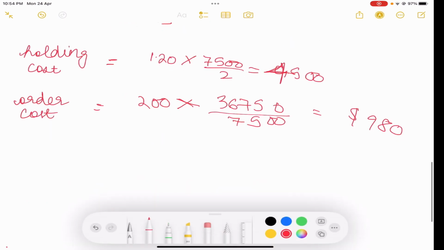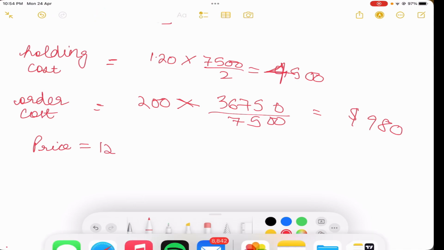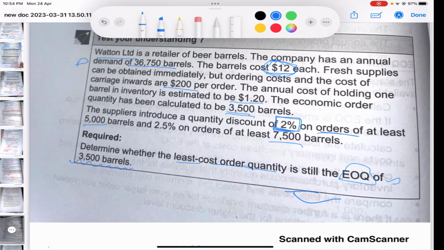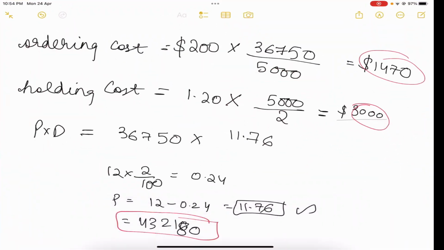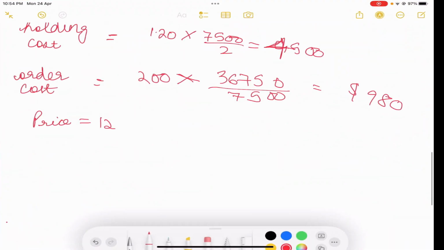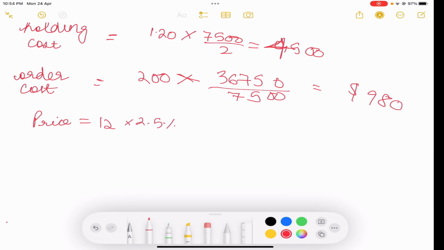And my price was earlier $12. How much discount is given now? 2.5 percent. So what is 2.5% of 12? 12 minus 0.3 will give me the new price. So what is my P multiplied by D?